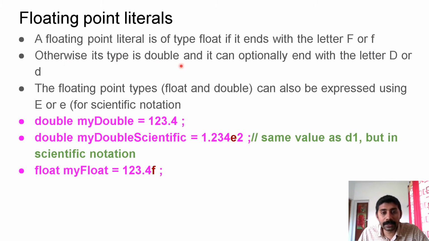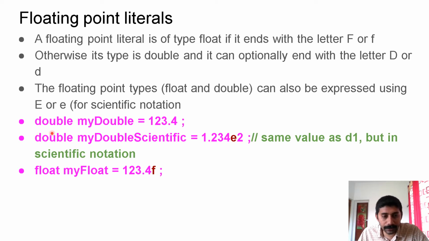Otherwise, its type is double, and it can optionally end with D. It can be capital or lowercase. Even if you are not giving any D at the end, default is double only. So if you want to represent your literal value of type float, in that case you have to add one F at the end. The floating point types float and double can also be expressed using the scientific notation.